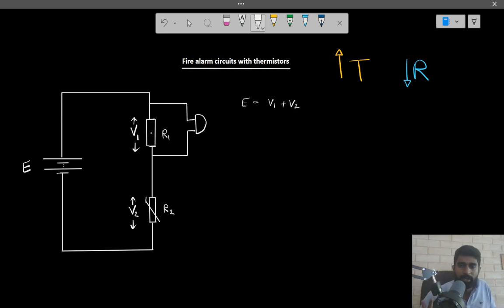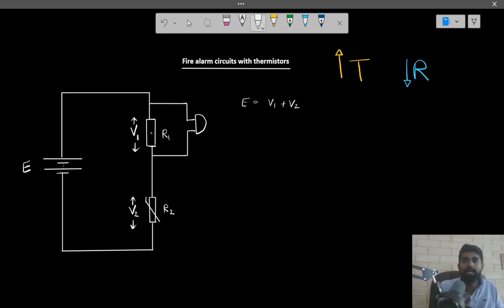Now, let's imagine a scenario like this. We are going to design this circuit where V1 is not enough to power the bell.